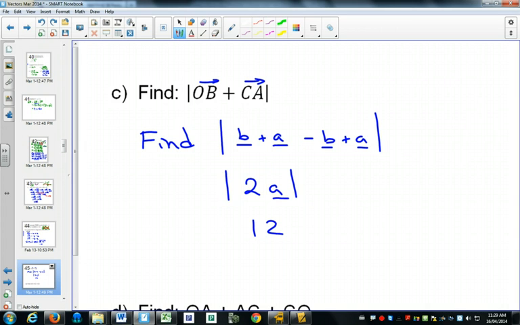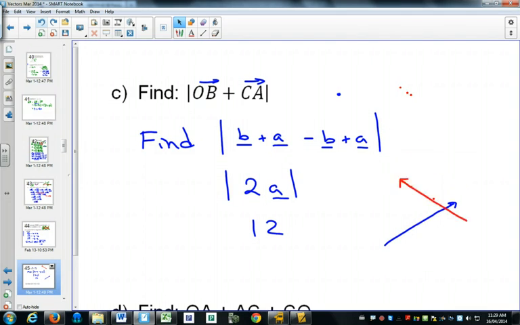But what's happening here is O to B was this diagonal, like this. Then C to A was the diagonal that started in the bottom corner and went up here, right? This is C to A. I'm going to move these down so you can see them better. Okay, this is what the two diagonals were.